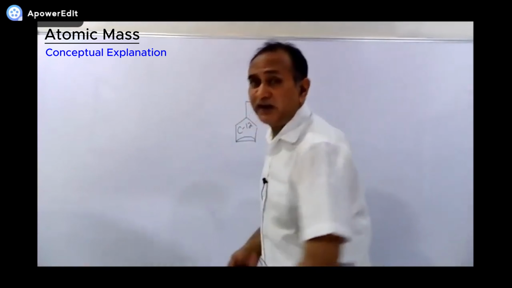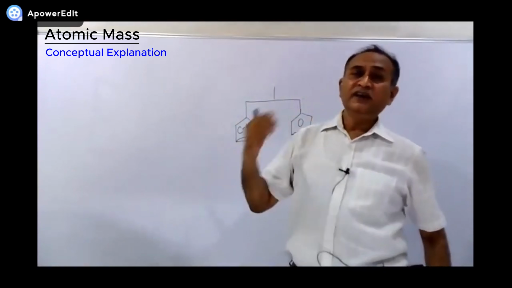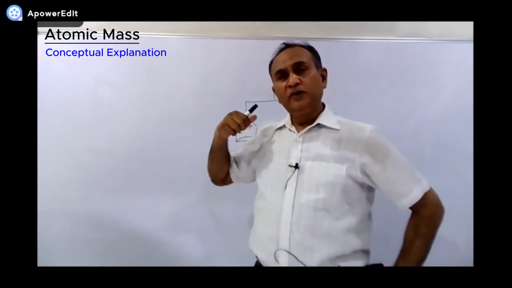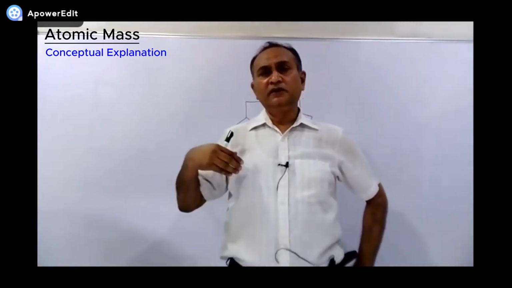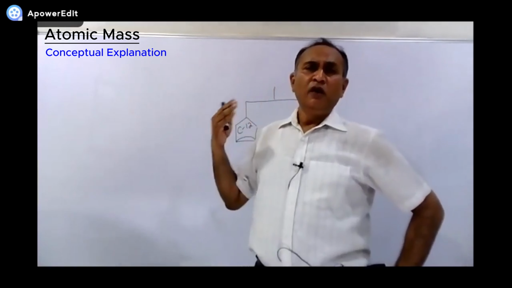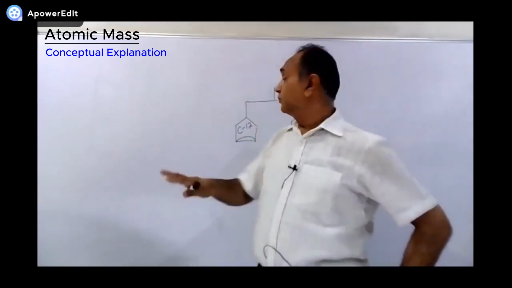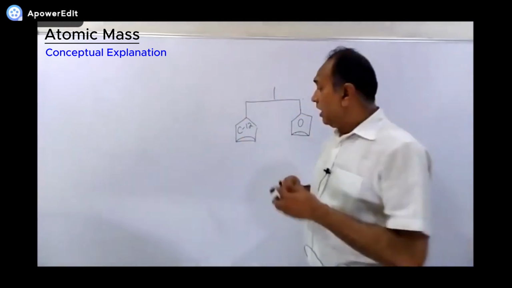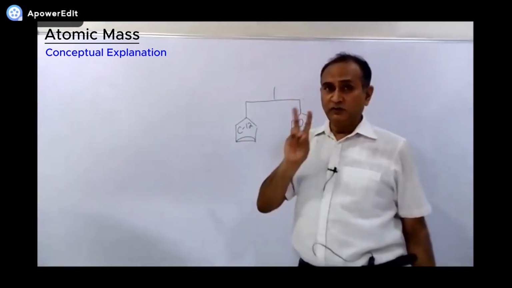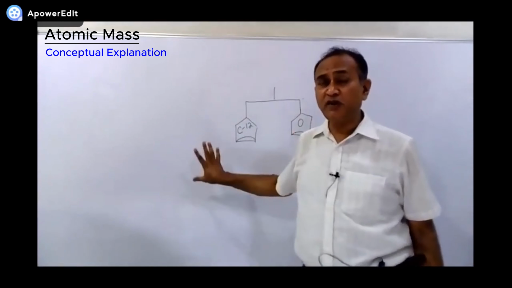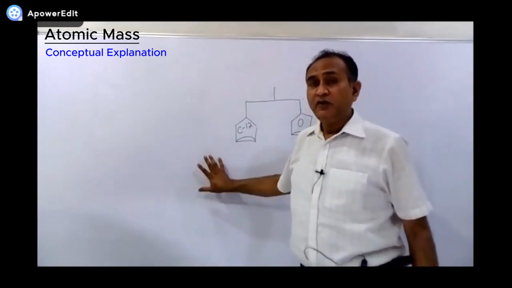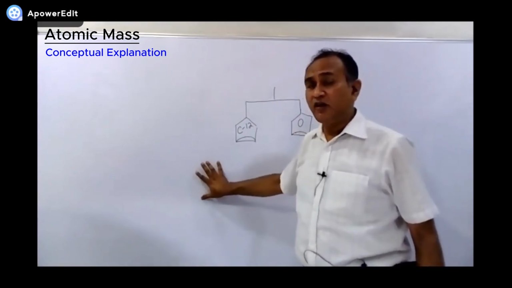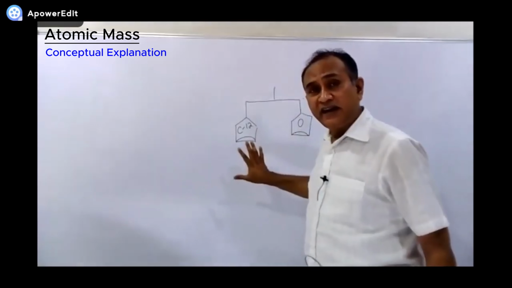In the same way, scientists decided to find the masses of all the other elements with respect to carbon 12. Okay, now one thing is clear: carbon 12 has been chosen to find the comparative masses of all the other elements.